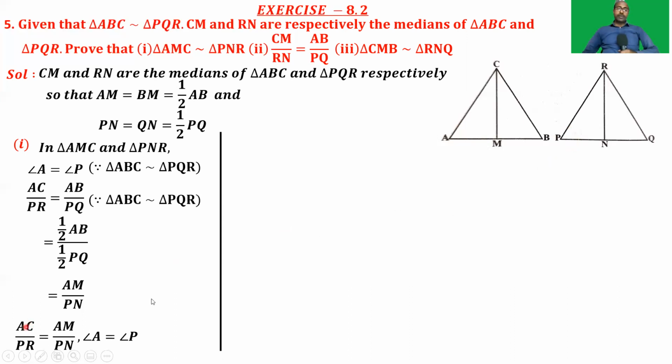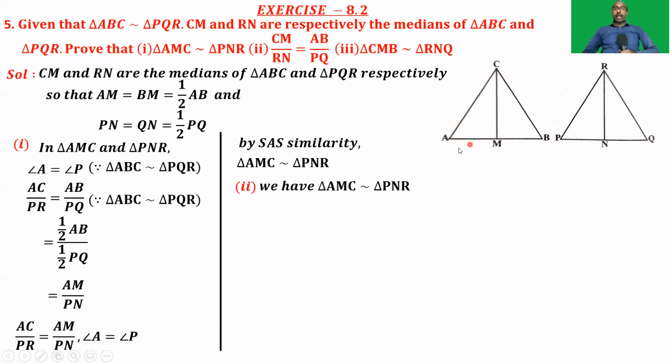So here also we have AC by PR equal to AM by PN and angle A is equal to angle P. So by SAS similarity, triangle AMC is similar to triangle PNR, which is our first result. And now take the second one.